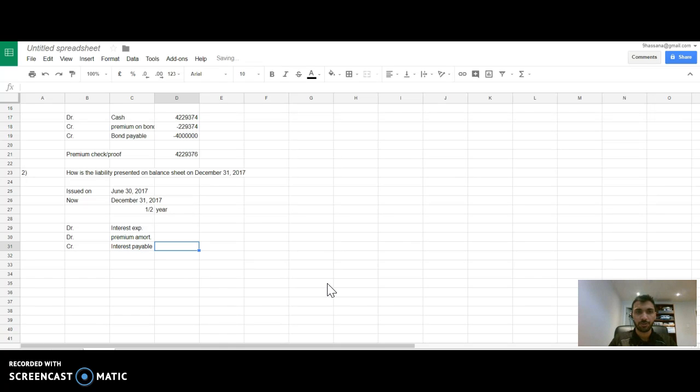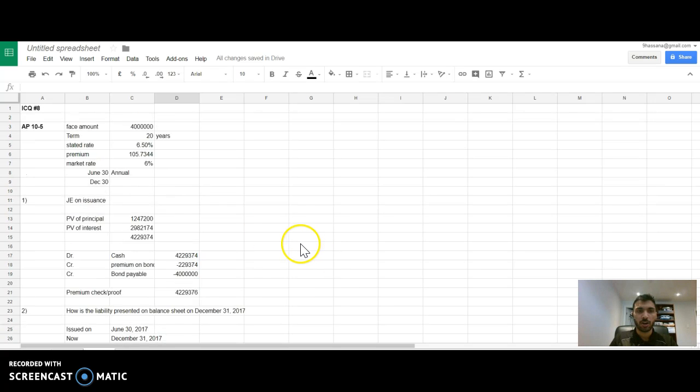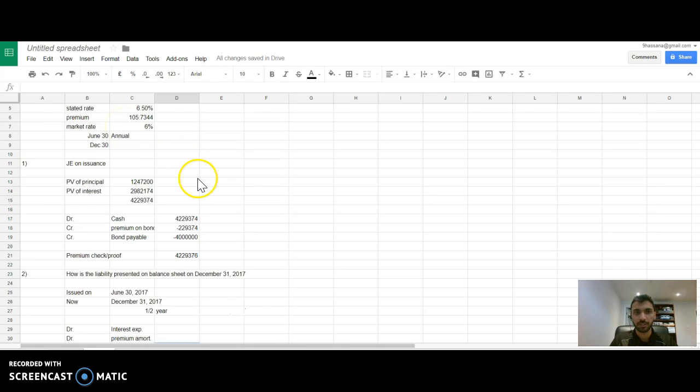So to calculate the interest payable, we know that interest on a bond is paid on the interest rate that's stated on the bond. It's not paid on the market rate. So 6.5% is the annual interest rate, and the face amount is $4 million.